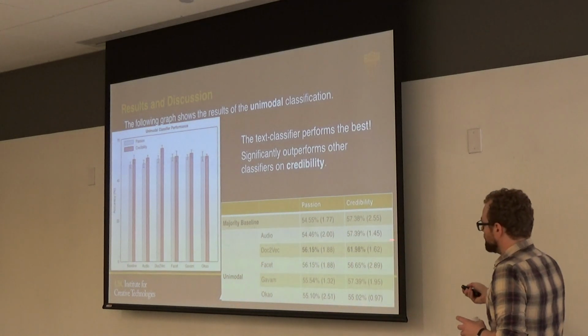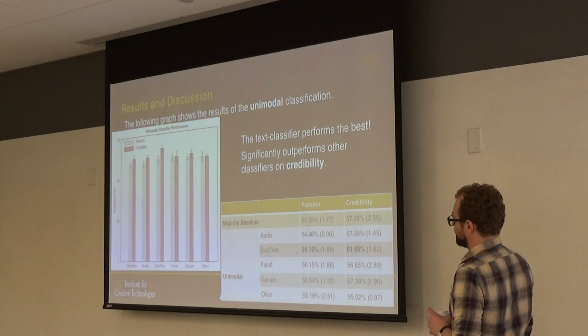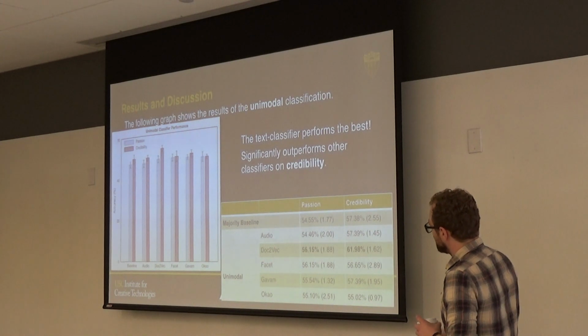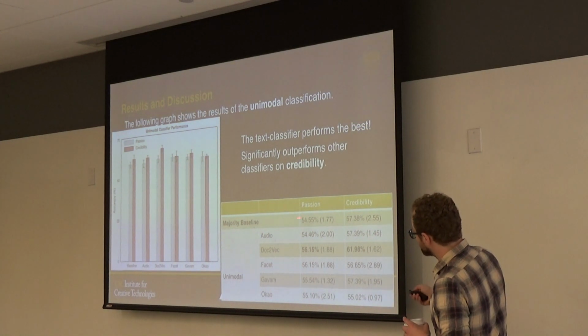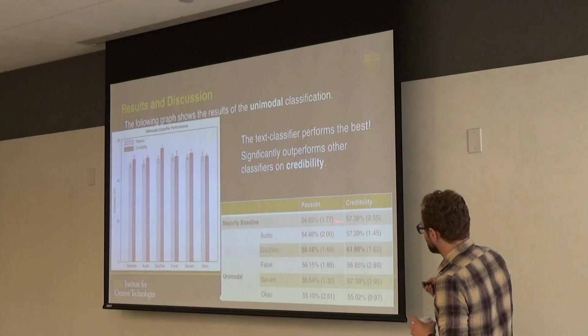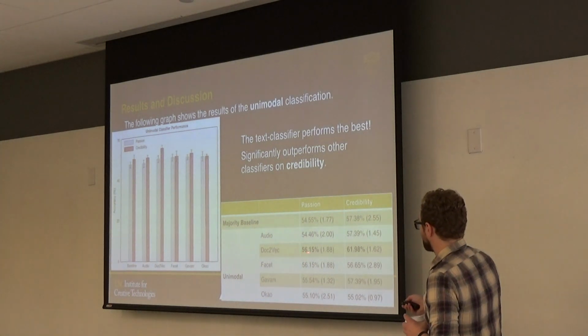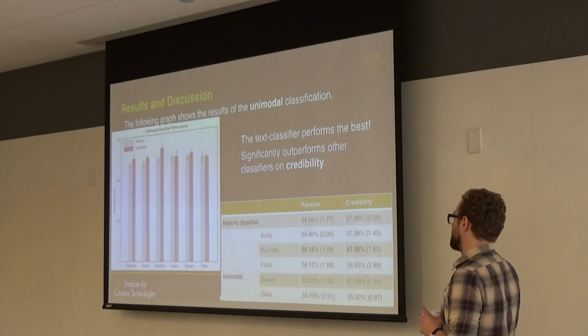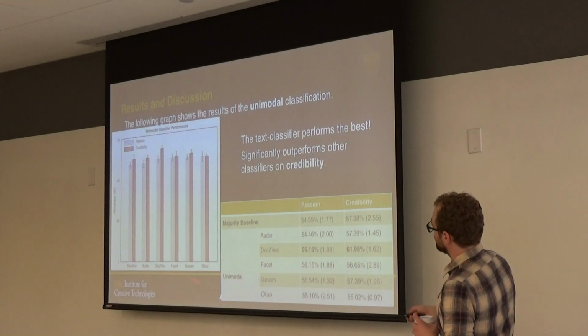So this is not non-verbal at all. This is everything but the non-verbal. The majority baseline is about this, and we outperform it by a little bit. So this is all unimodal, okay?